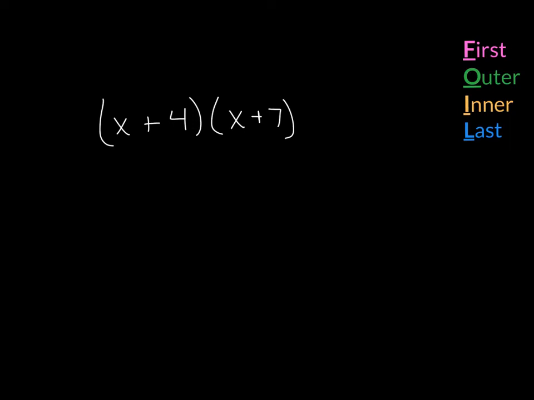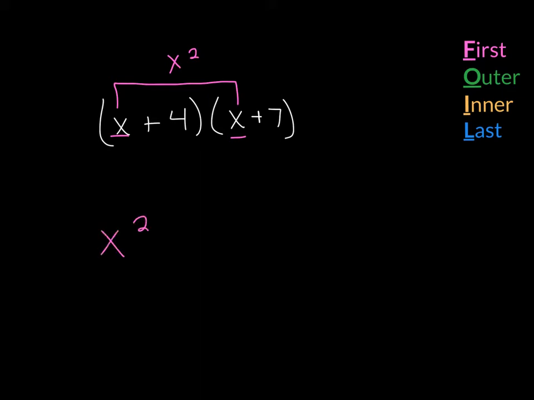So when we say first, we mean the first term in each binomial. So in this case, that would be x and x because they came first. And then we multiply those together. X times x would be x squared. So far we have an x squared.